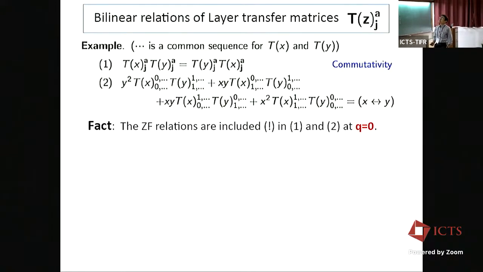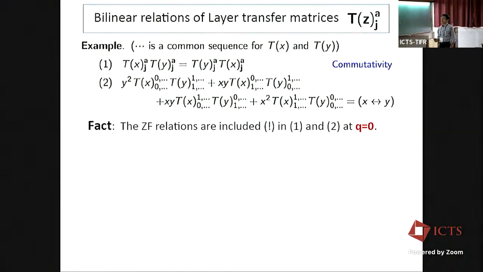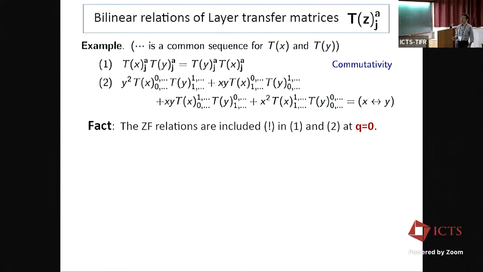Now, it turns out that this layer transfer matrix satisfies a bunch of relations, and I picked up a few, 1 and 2. For example, for fixed A, J, it forms a commuting family. But you can also mix A and J in some sense. Such a relation holds.